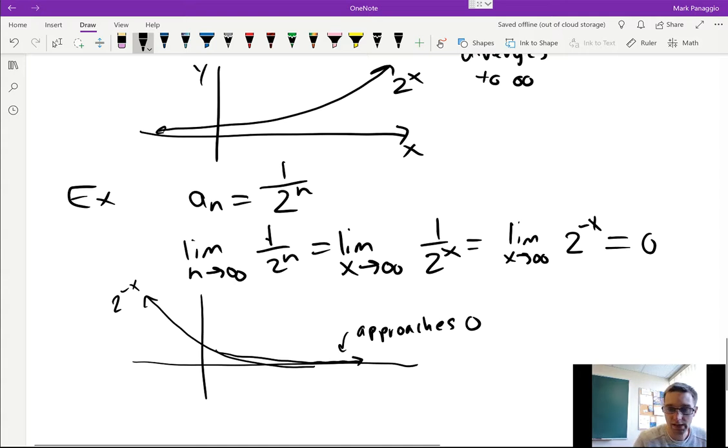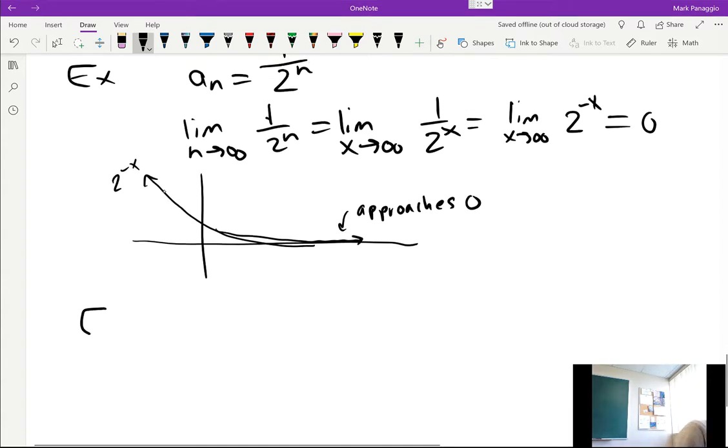Now, these are both examples of a very important type of sequence called the geometric sequence. And so let's actually look at that more general case. a_n equals r to the n. So r here is going to be some number. In the first case, we had 2 raised to the n, so r was equal to 2. In the second case, you can actually show that that's just 1/2 raised to the n, so r was equal to 1/2.